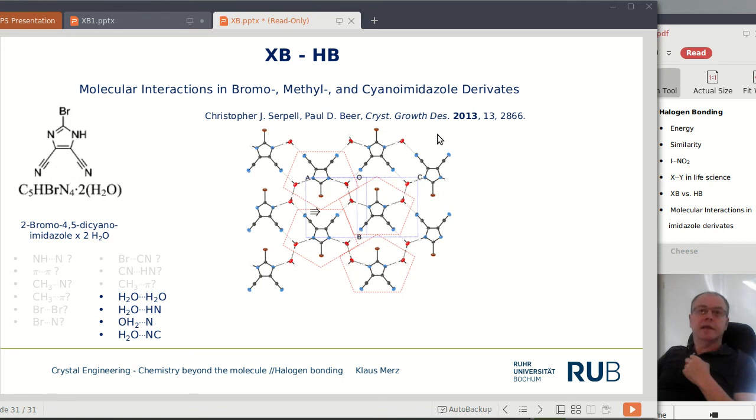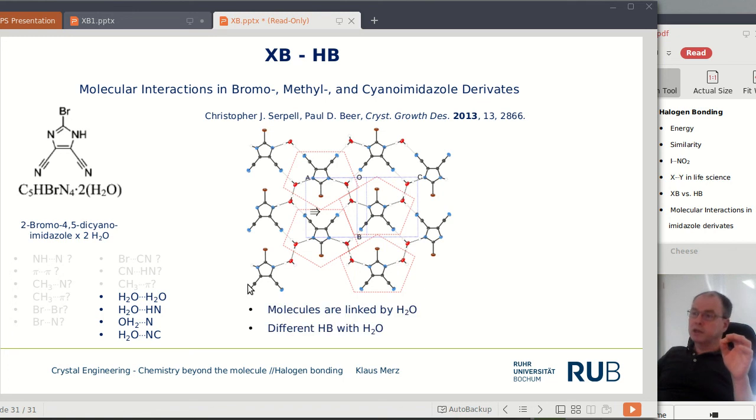If you look in detail at the crystal packing, you see neighboring molecules are linked by water. Here water, water, water, water. So water, the solvent, is the dominating unit for molecular arrangement. All molecules are linked by water. And the only thing you see, talking about intermolecular interactions, are different hydrogen bonds with water.